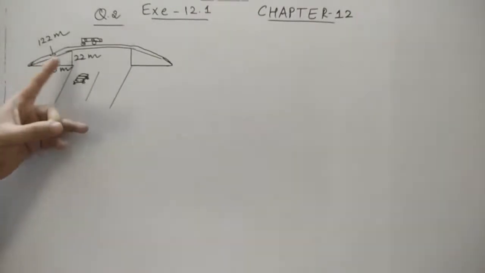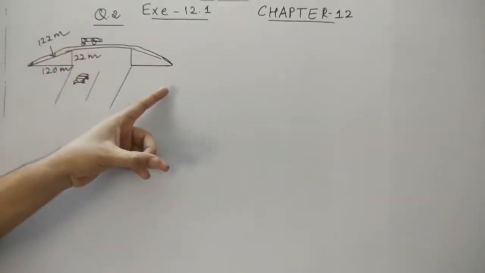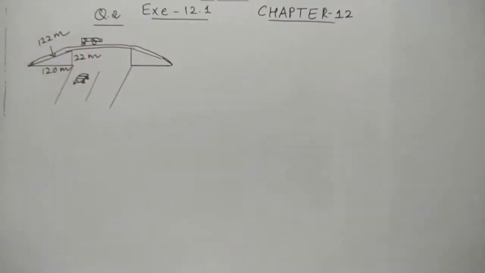Let's continue with the second, and it is an important question. See here, it is given that a triangular side wall of a flyover is used for advertisement. We observe these advertisements, which we call hoardings.